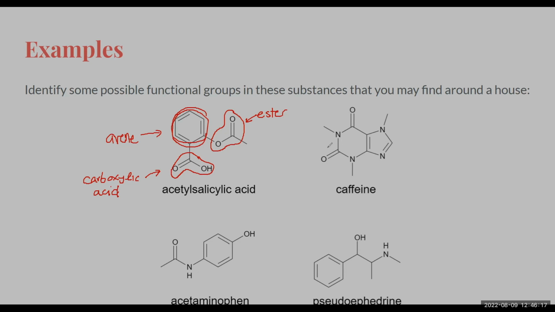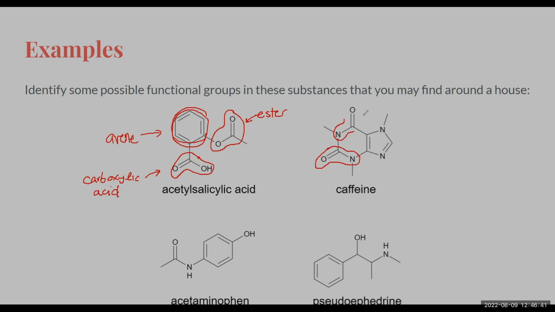Now this next one, caffeine. It's like in your coffee or in tea. There's actually multiple ways you could interpret this. You could potentially say that this is an amine, and this is an amide, and this is a ketone. How I saw it is this is one amide.